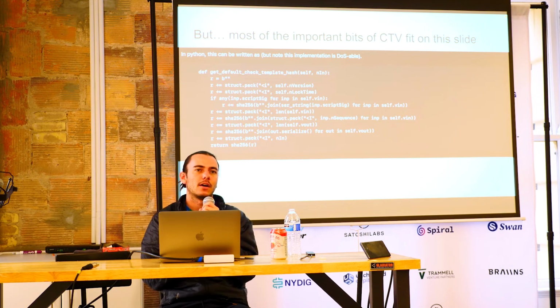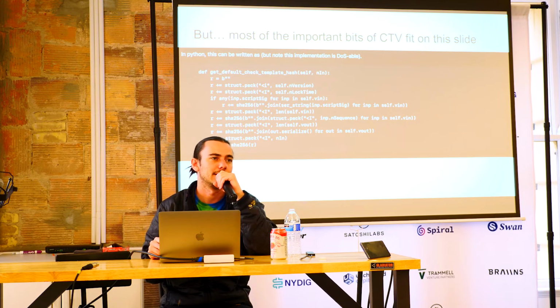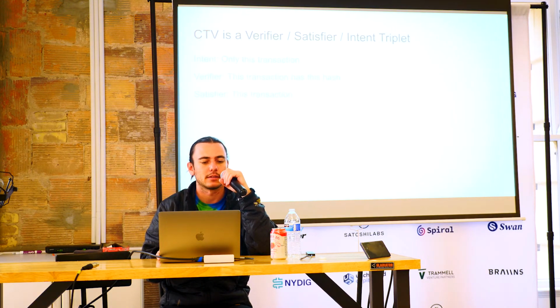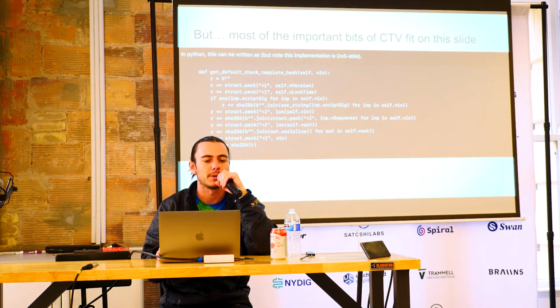This is basically all you need to know about CTV. This is the definition, in a denial-of-serviceable way, of the hash function that CTV computes. We said earlier, CTV is just checking that the hash of this transaction matches. So what are we actually computing?